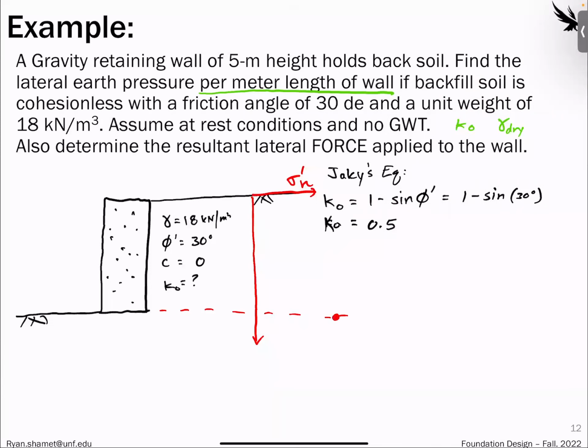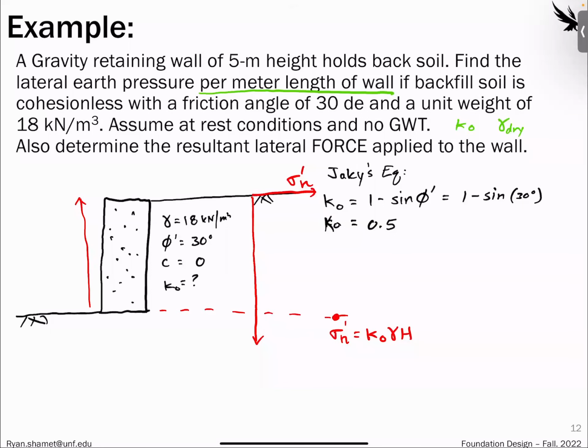We know at the base, this is going to be equal to our sigma H, which is going to be K0 times unit weight times height.